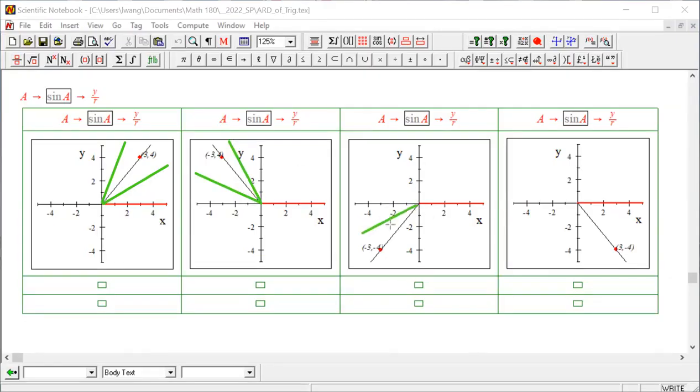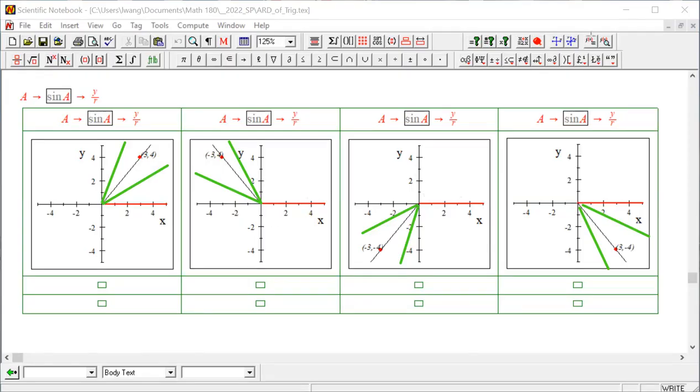Negative in the third quadrant, doesn't matter where the terminal. And negative in the fourth quadrant, doesn't matter where the terminal. As long as it ends in the fourth quadrant, then the ratio, according to the definition, will be the same sign. So you can see this is the power of using the definition.